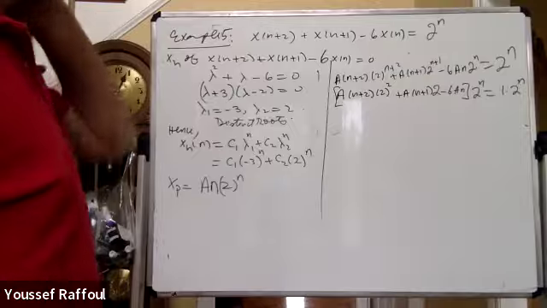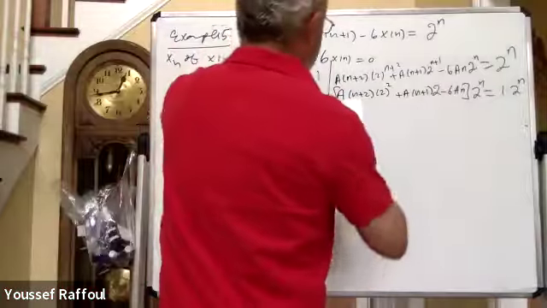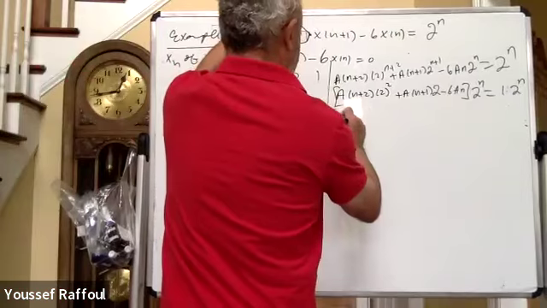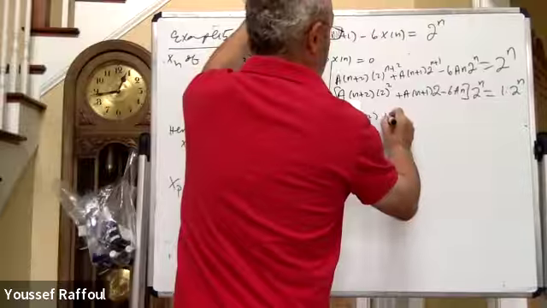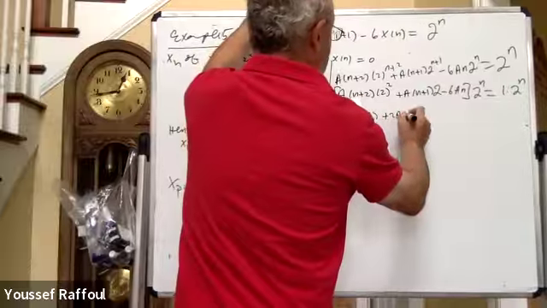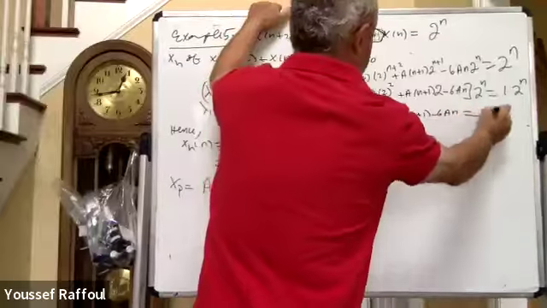So you need to look for the coefficient. So what is this equal to now? That is 4a times (n+2) plus 2a times (n+1) minus 6an equal to 1.